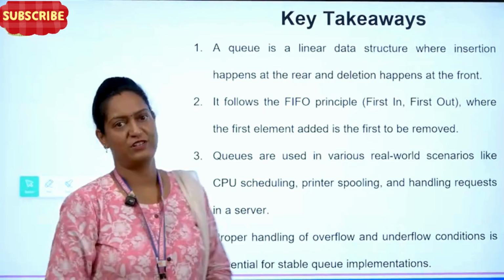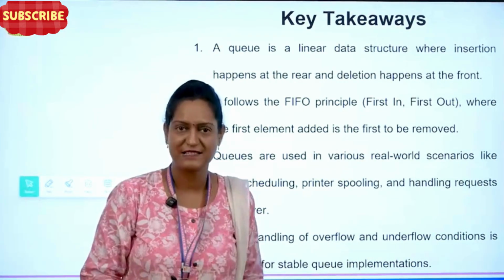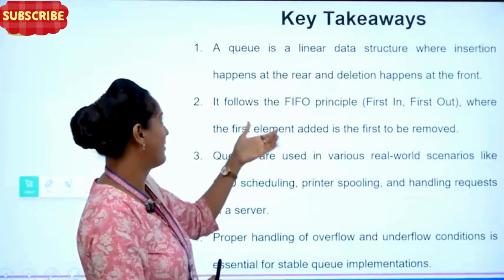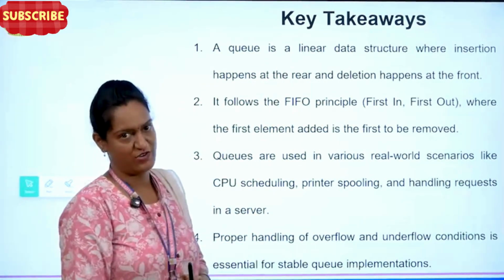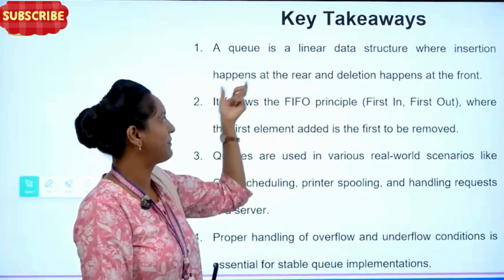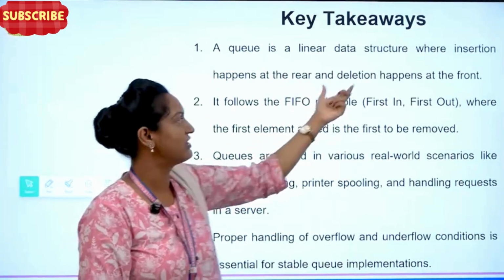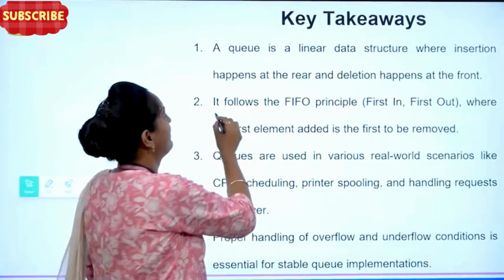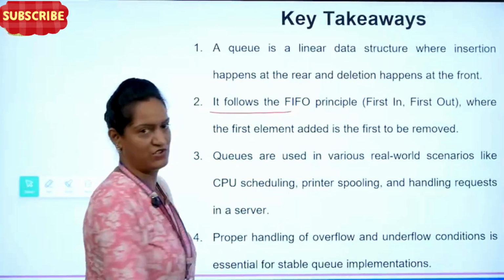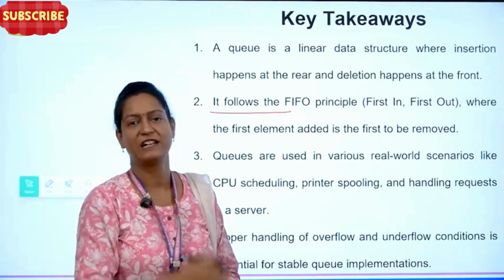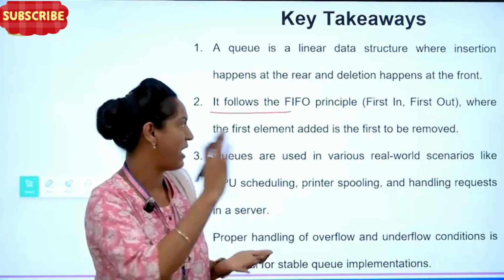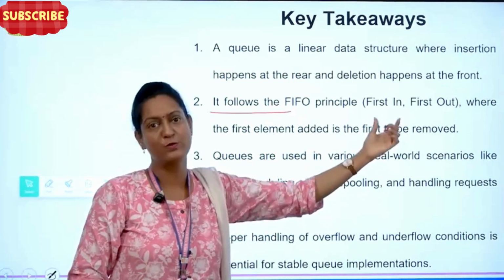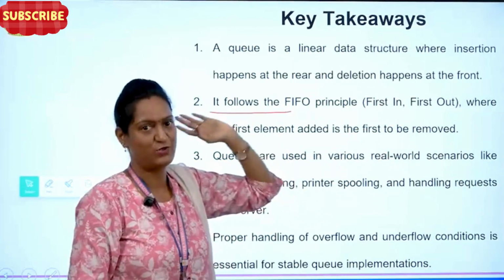After my session, I want to summarize it in the following key takeaways. Number 1, a queue is a linear data structure where insertion happens at the rear and deletion happens at the front, right? It follows the FIFO principle, that is first in, first out, where the first element added is the first to be removed and the first to be processed.